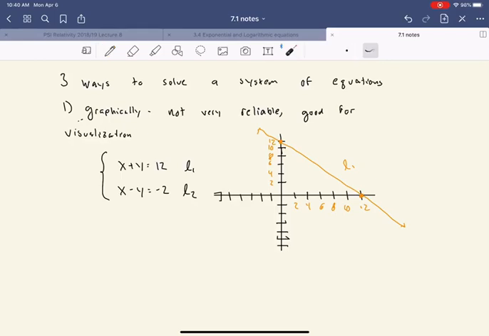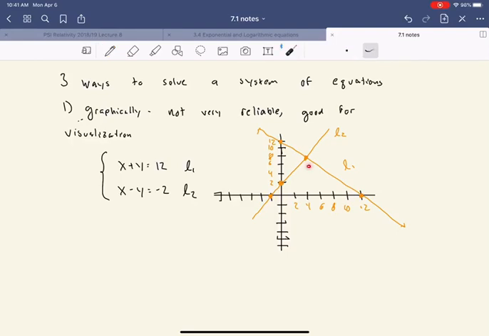Okay, line 2. If x equals 0, y equals 2. If y equals 0, x equals negative 2. So line 2 goes like here. Now, this looks like maybe it intersects at 4, 8.